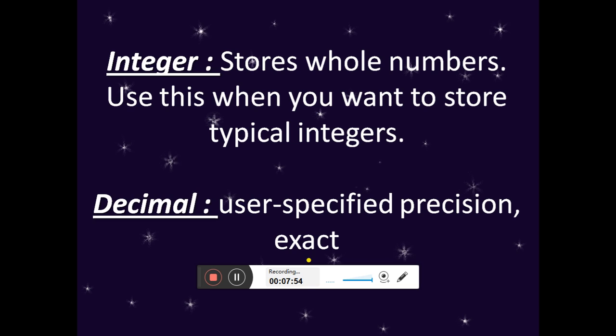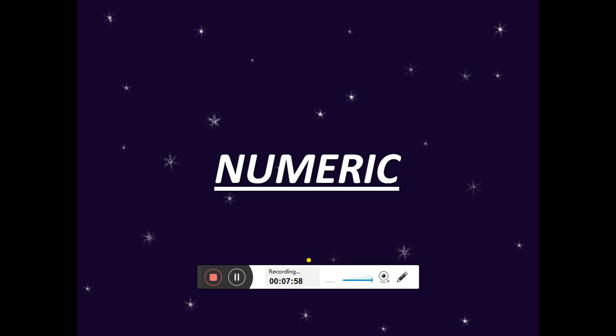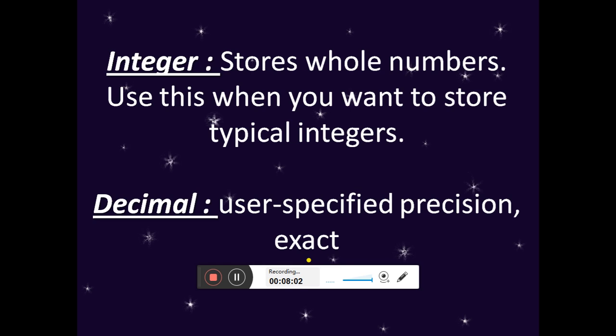So decimal and integer are the two types of numeric data. In integer type you can store the whole number, and in decimal type you can specify the precision, meaning the decimal point value.